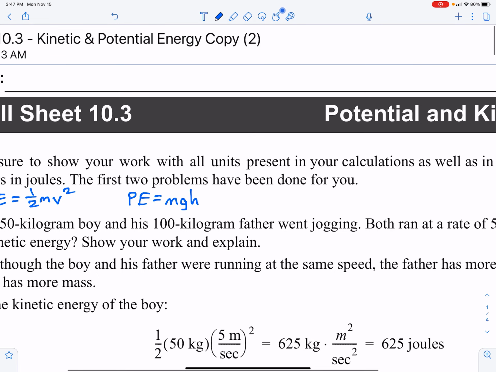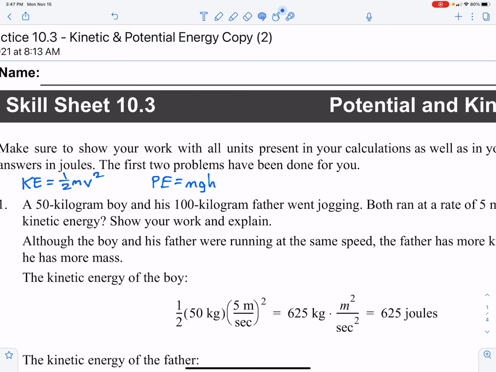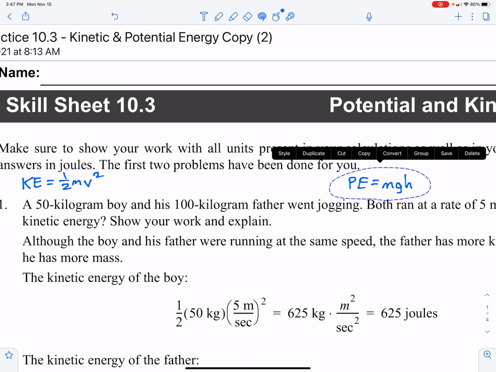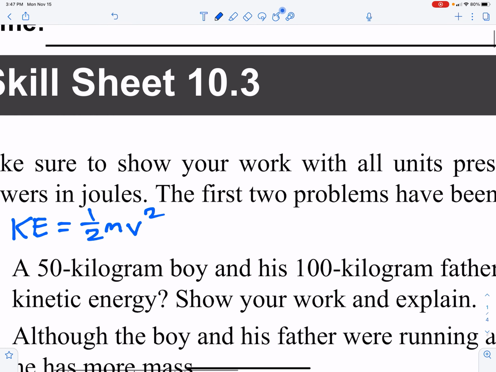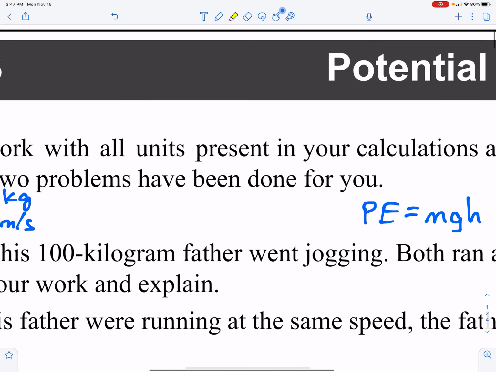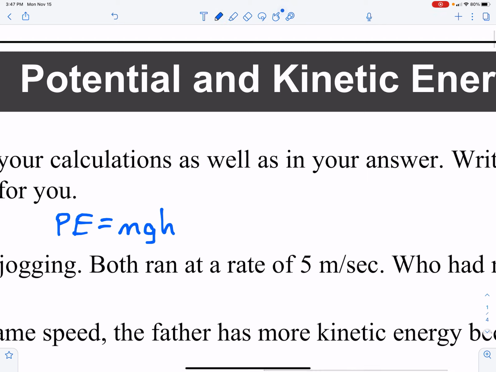So there's a couple things we ought to know. I'm going to spread these out a little bit so we can see this. If you are given mass, you are given something in kilograms. If you are given velocity, you are given something in meters per second. Look for the units to translate to the variables you will use. If we are given M, we are given kilograms.